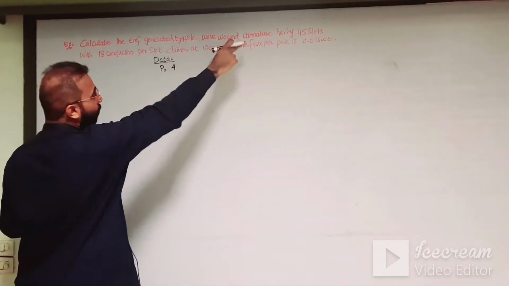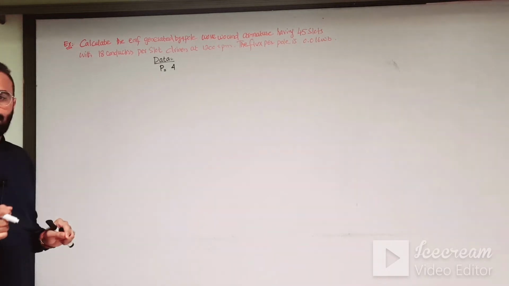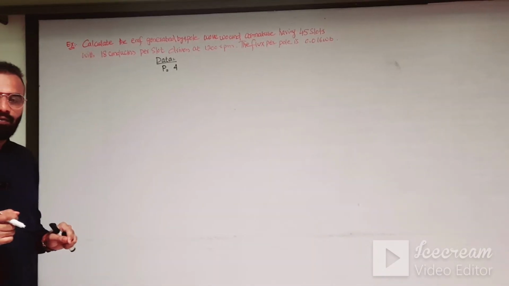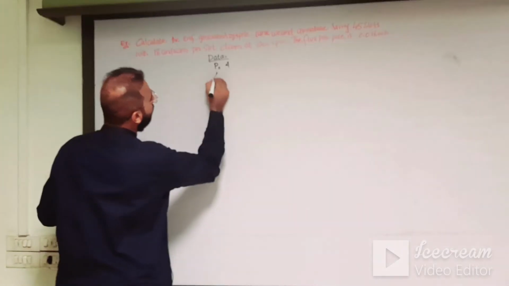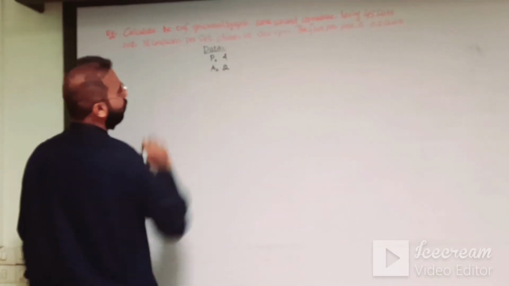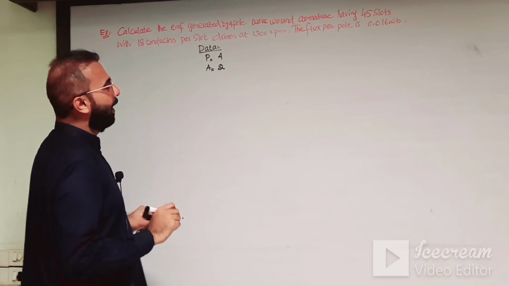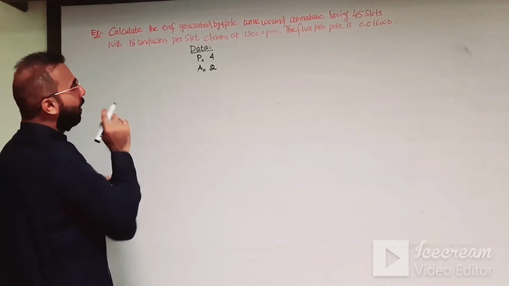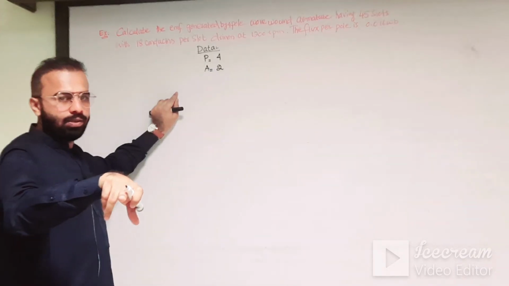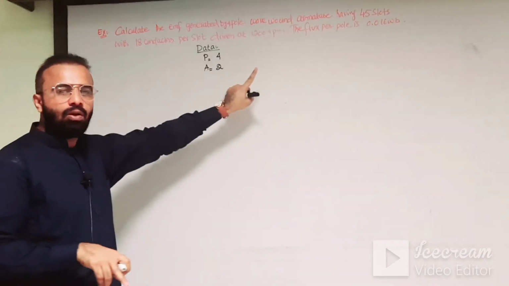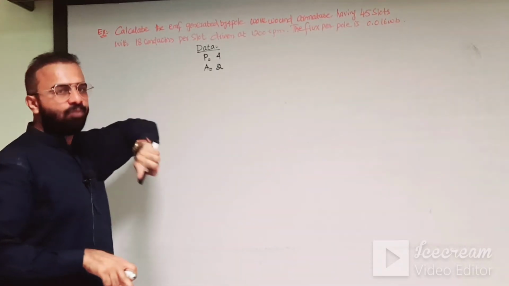Now this is the wave wound DC generator, so in the case of the wave wound DC generator, the number of parallel paths A is equal to 2. And we have to calculate the total number of armature conductors. So we have 45 slots and 18 conductors per slot.